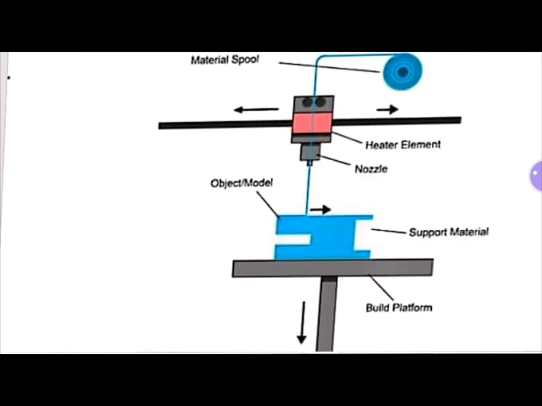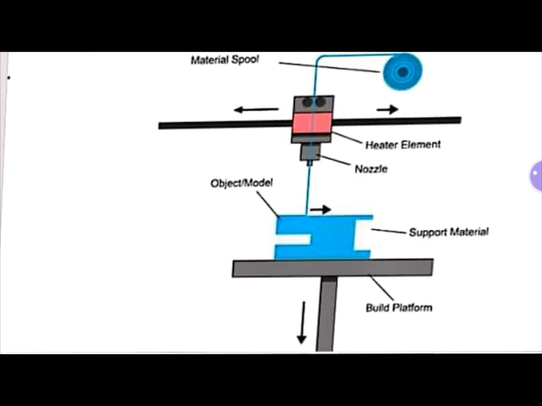So this is the diagram of the material extrusion process. Here we can observe that there is a metal spool.